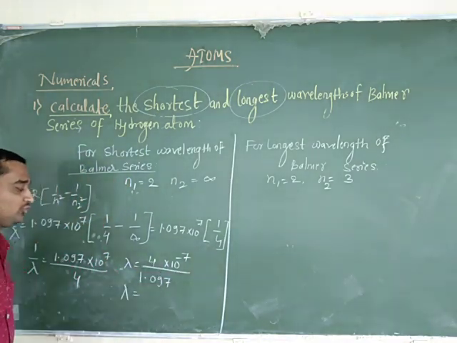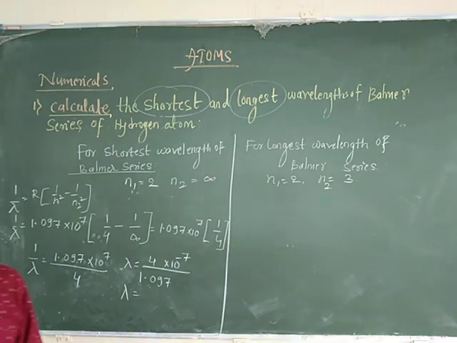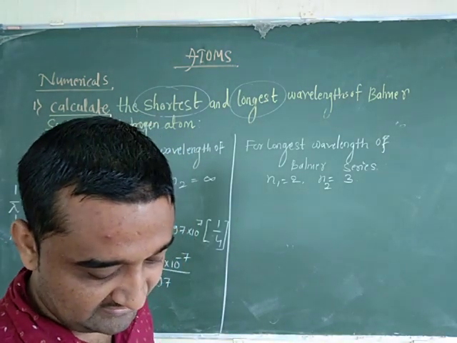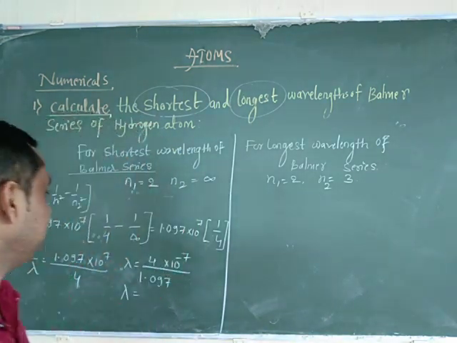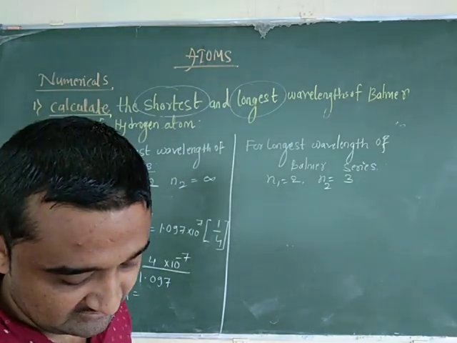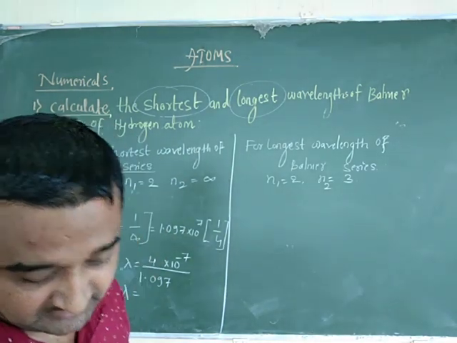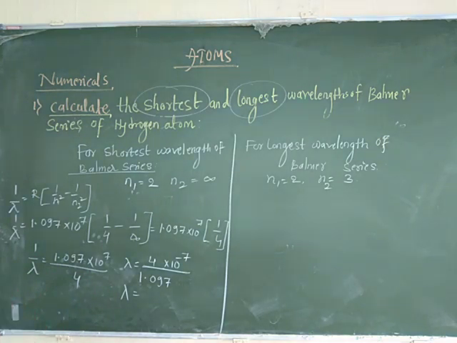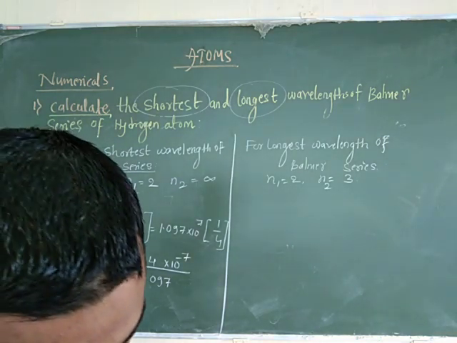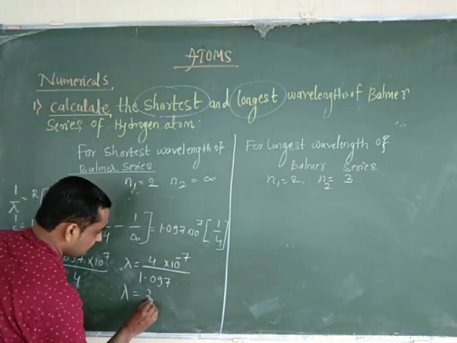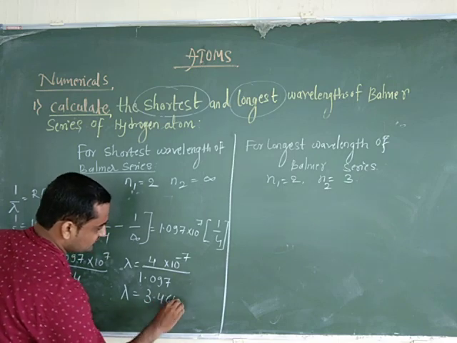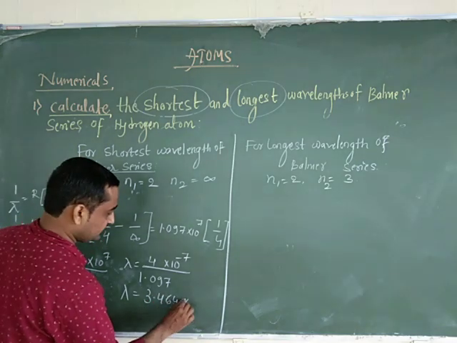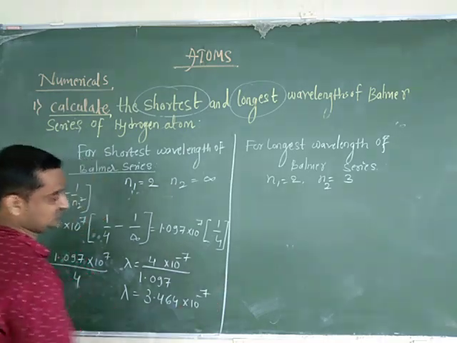So what is the value of 4 divided by 1.097? Its value is 3.646, or rather 3.464, into 10 to the power minus 7.